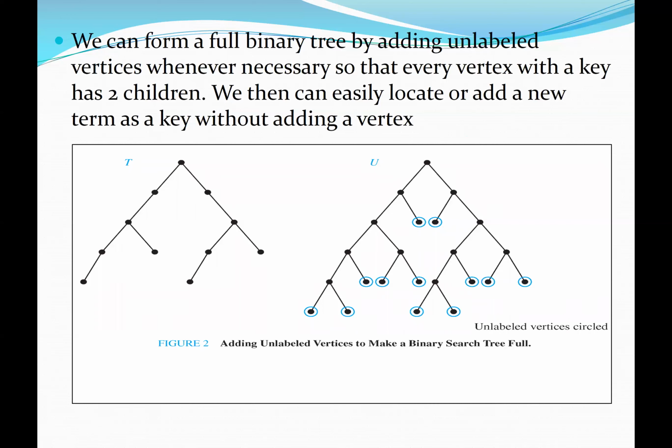Then we can add a few more unlabeled edges, so that we can have a full binary search tree. Okay, so from T to U, you can see here. Those are the ones that we try to add. Initially, it doesn't have any, right? So just add the ones that don't have any label yet, right? So that's something we can do.